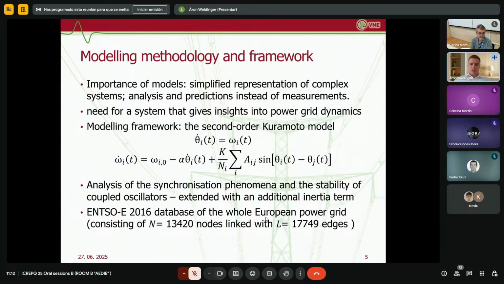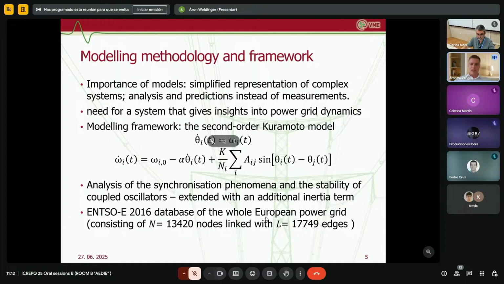For this modeling, we used the second order Kuramoto model, which is a well known framework in nonlinear dynamics. This model captures the behavior of interconnected oscillators, in our case, grid nodes, which are generators and loads. And it describes how their phases and frequencies evolve over time.